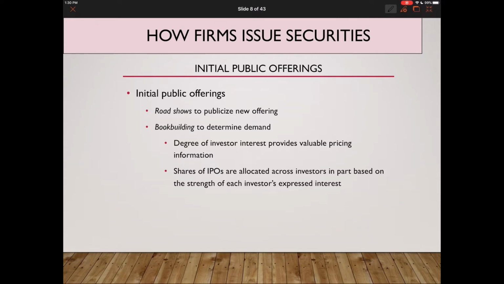Once the IPO is conducted, the shares are then allocated across the investors in part based on the strength of each investor's expressed interest. So it is important that during the book building process, when they're looking at potential investors, these investors provide realistic insight as to the amount that they would like to purchase and also the amount that they are willing to pay.